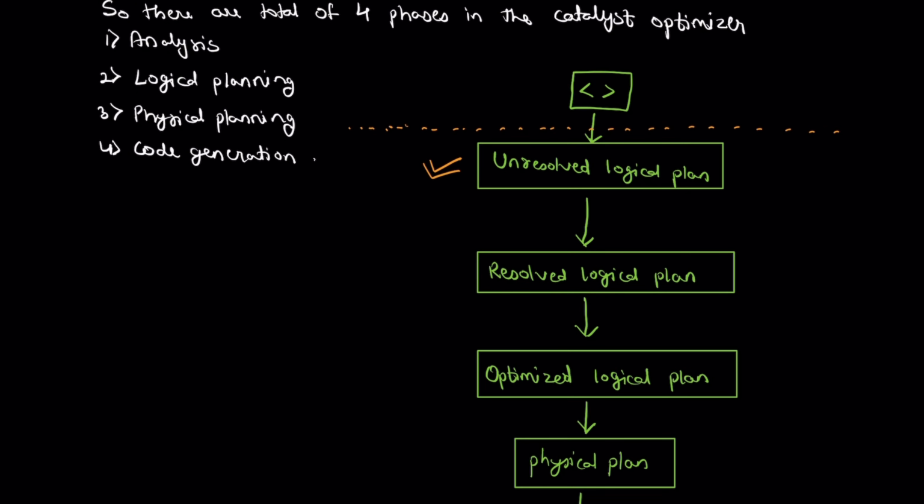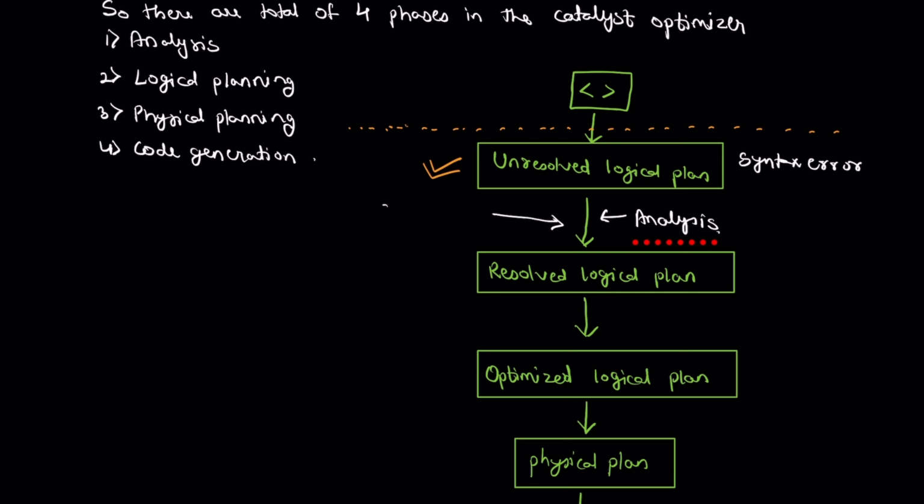So first, the Catalyst Optimizer would be creating an unresolved logical plan. So here, the Catalyst Optimizer would be checking for any kind of syntax errors. Once the Catalyst Optimizer has checked for any kind of syntax error, then it would be creating a resolved logical plan. Before that, it would be doing an analysis.